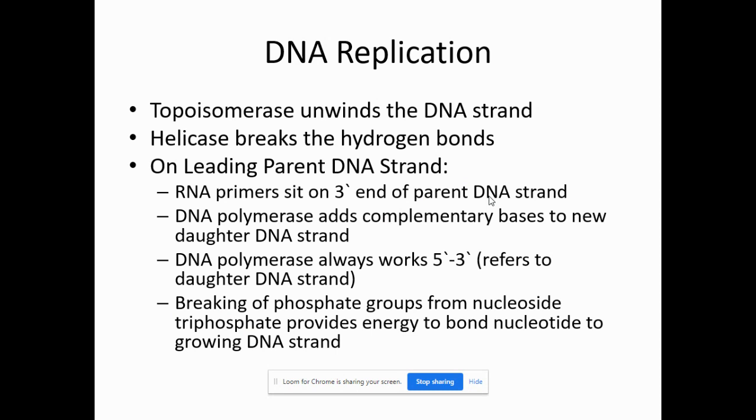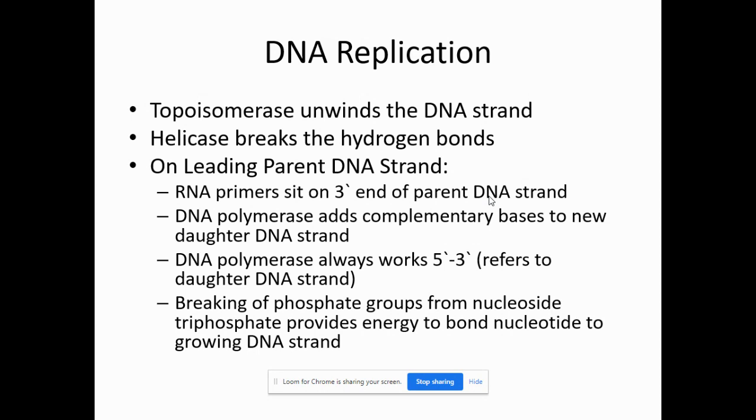Remember that DNA is a double helix, so you've got to unwind it to make it look more like a ladder. Then helicase comes in and breaks the hydrogen bonds. Where are those hydrogen bonds? They're between the nitrogenous bases. First, that happens at each replication fork or bubble.